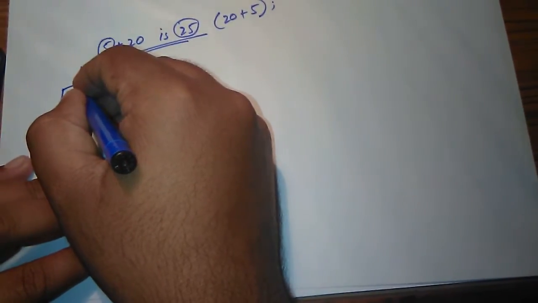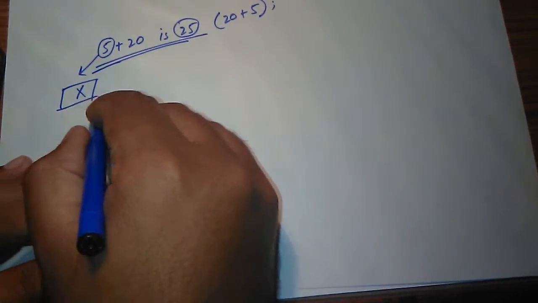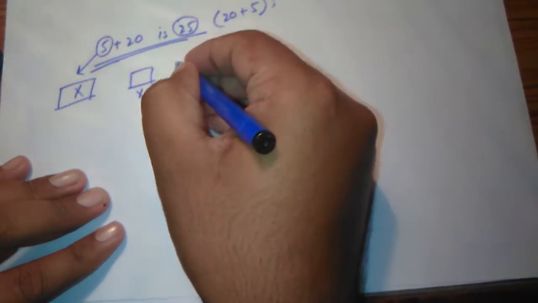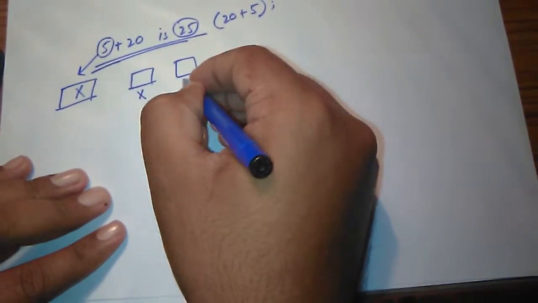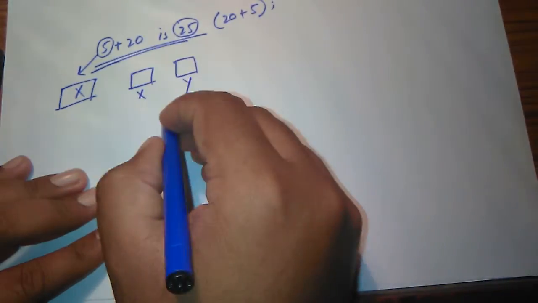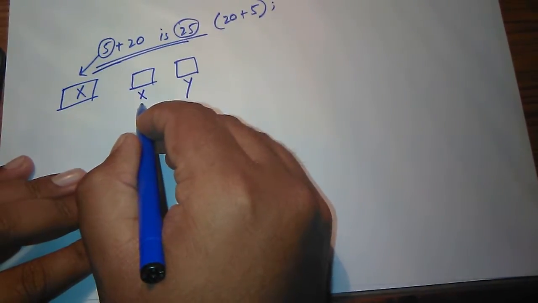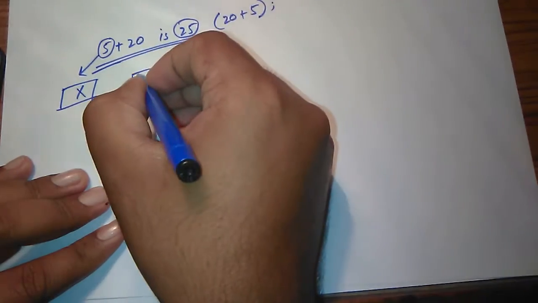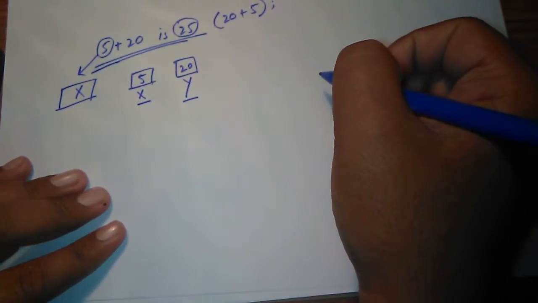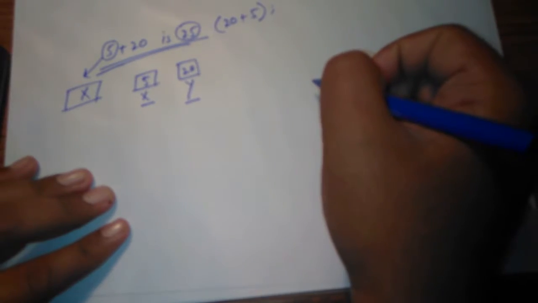For example, here is a variable. I have a variable with the name X, and another variable with the name Y. These are two spaces created in RAM. I created two variables with the names X and Y, and here is 5 and here is 20. These are stored.